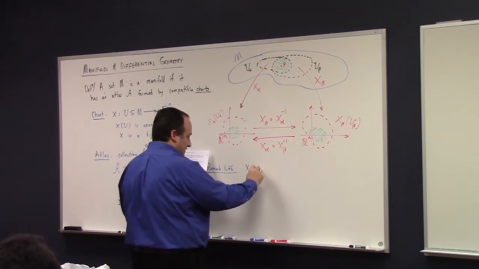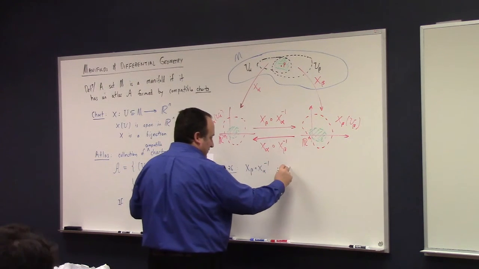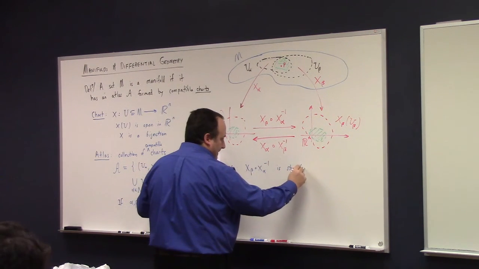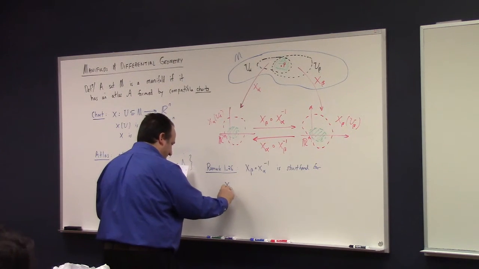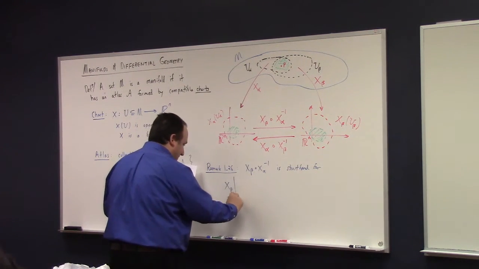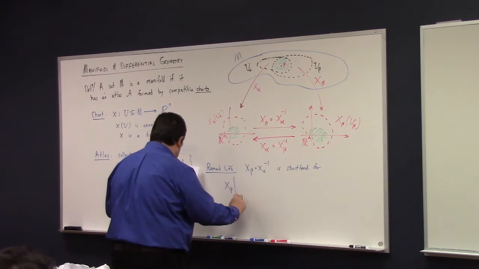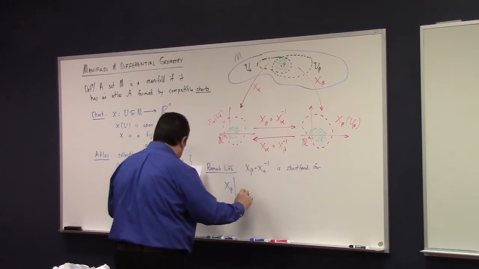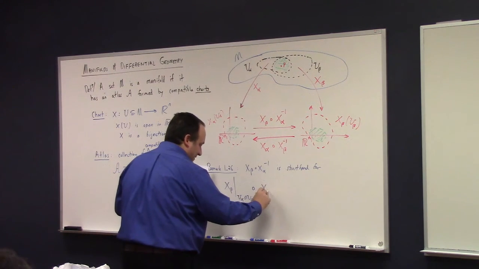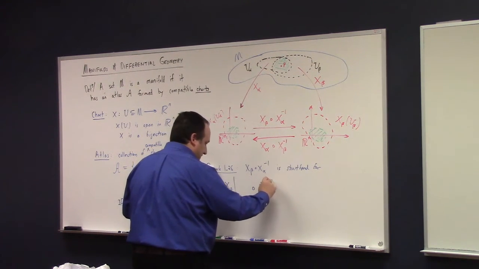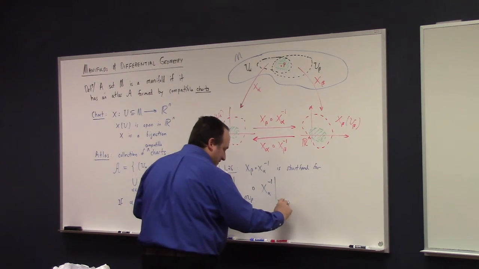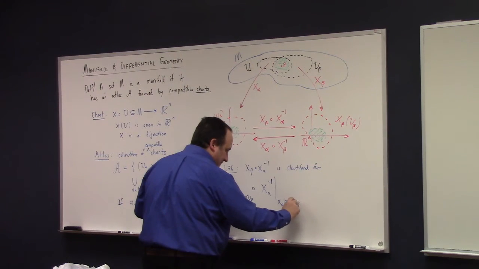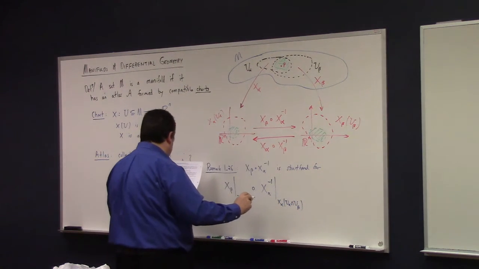So what he says is that X beta composed with X alpha inverse is actually shorthand for X beta restricted to the union of alpha and beta chart domains composed with X sub alpha inverse restricted to X sub alpha of the image of U alpha intersect U beta. Right?